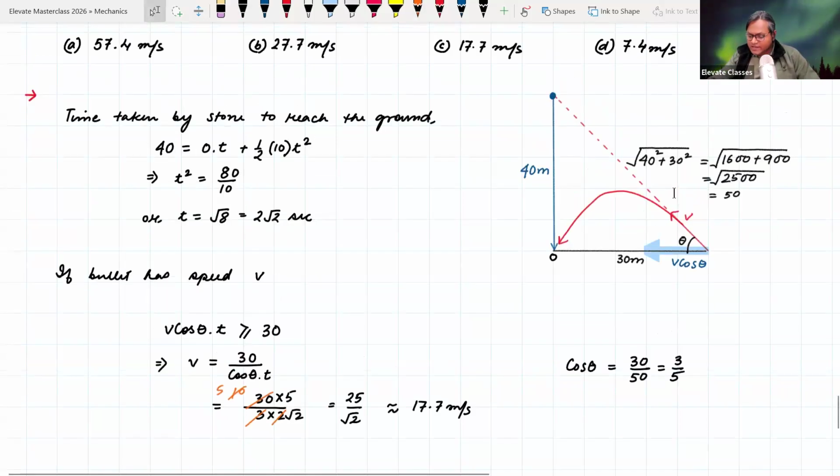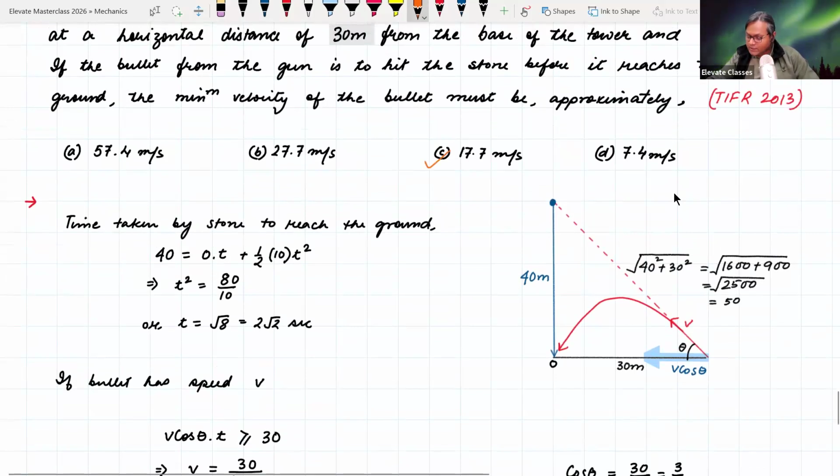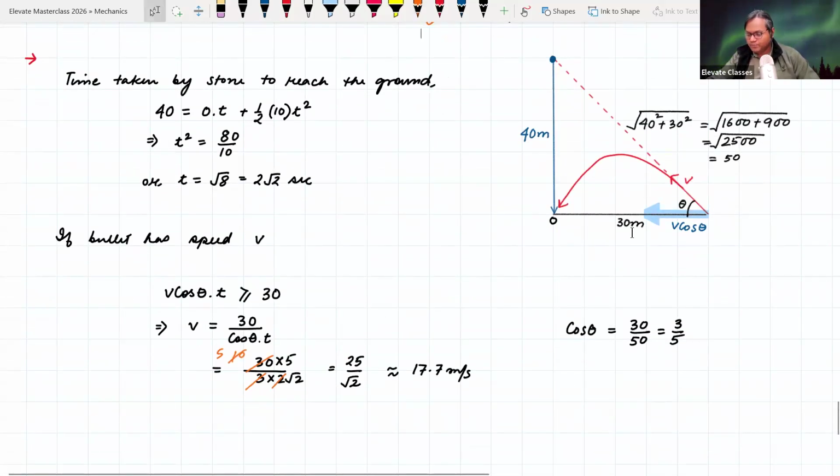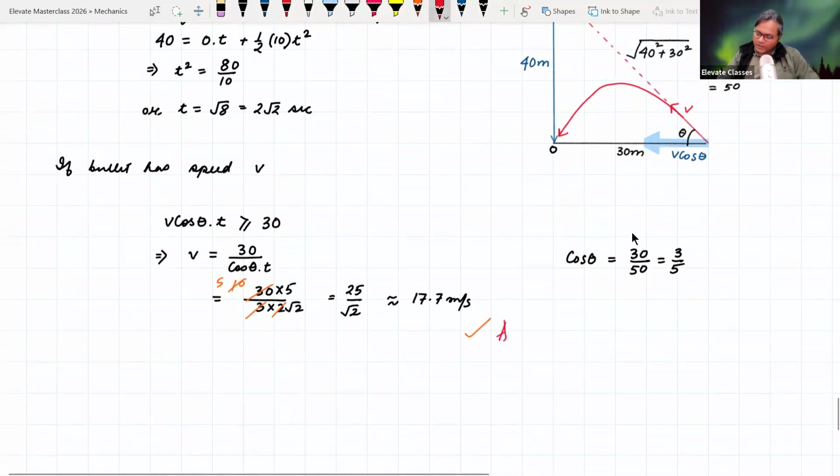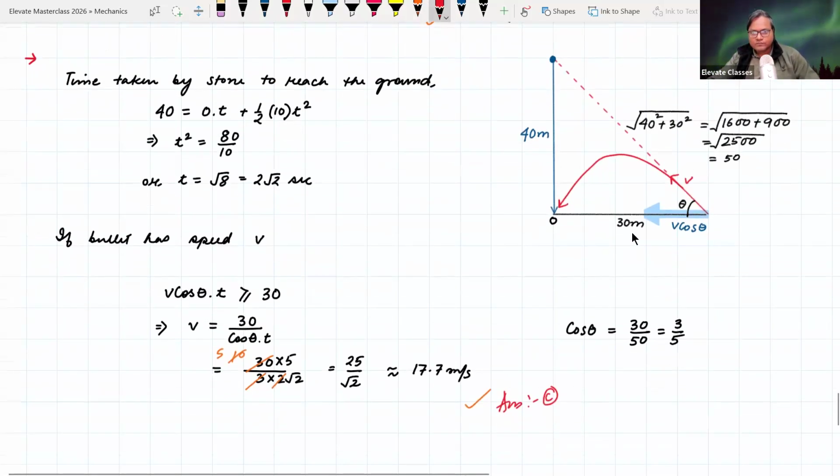So the limiting condition for the bullet to hit the stone right before it lands on the ground, it must have a minimum velocity of 17.7 meter per second.